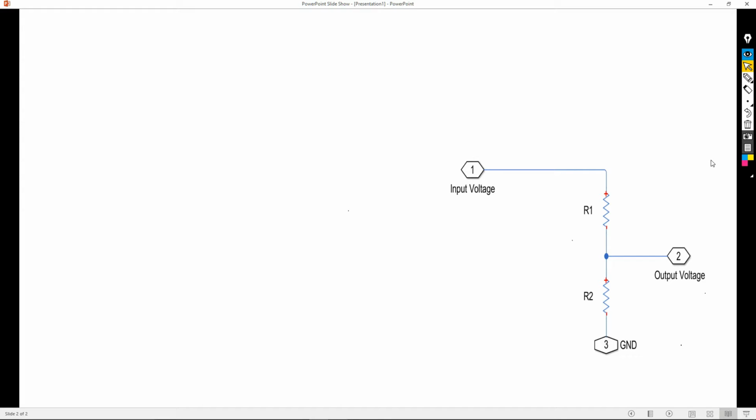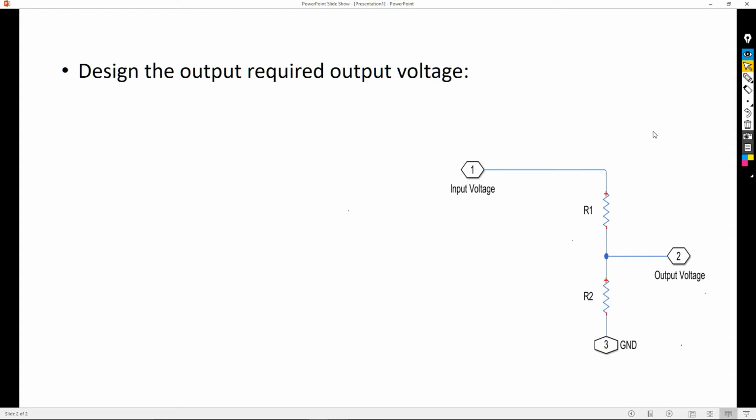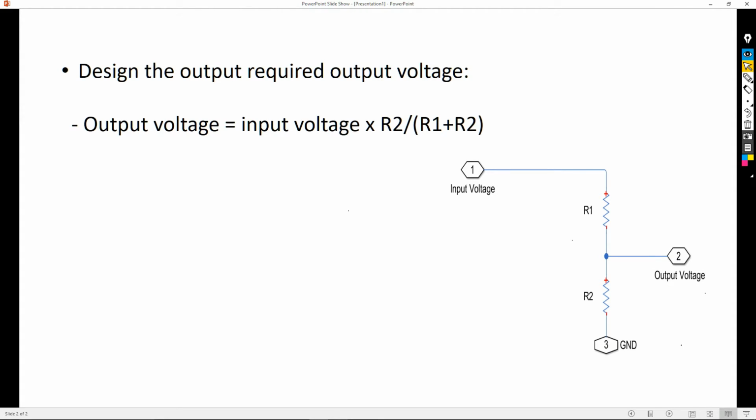Okay guys, to summarize, all you have to do is first design the required output voltage based on the following equation, which is input voltage multiplied by resistor R2 over the sum of R1 plus R2. Then you have to check whether the system you're connecting to already has an operational amplifier or not.